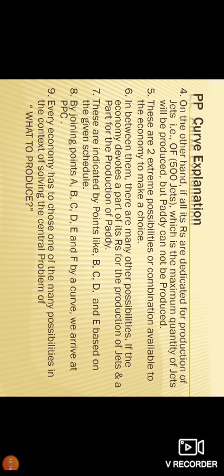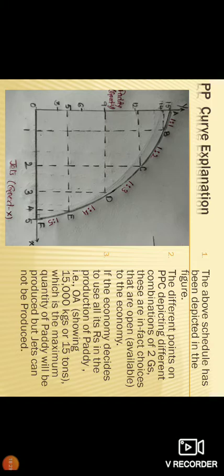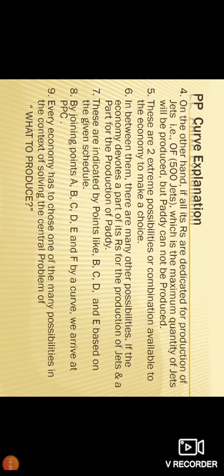Moving on from the schedule, by joining all the points A, B, C, D, E and F, we are drawing a curve from the y-axis to the x-axis. We draw a curve and this curve is called the PPC curve, or production possibility curve, or production possibility frontier.